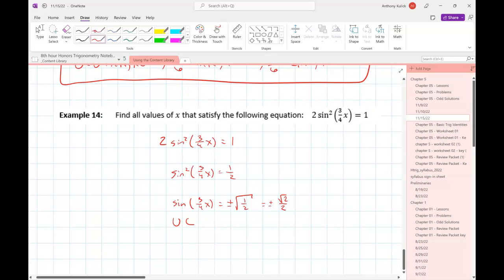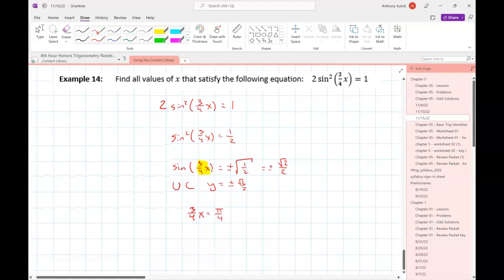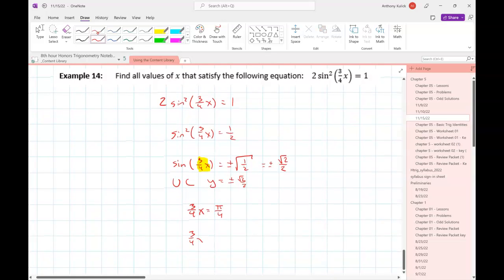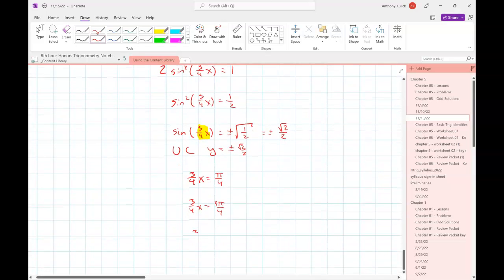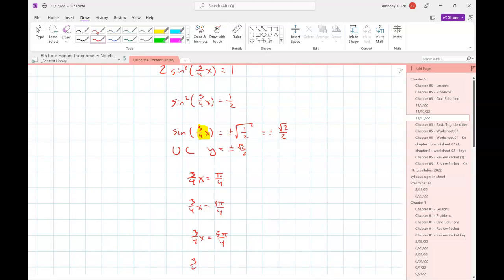So I'm going to go to my unit circle now. But here's the catch. I'm going to look for where y is either positive or negative root 2 over 2. But I'm not getting my answer for theta here. I'm getting my answer for x here. I'm getting my answer for 3/4 x is going to equal the places where that happens: pi over 4, 3 pi over 4, 5 pi over 4, and 7 pi over 4.